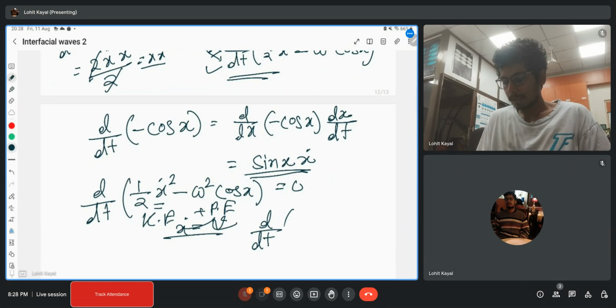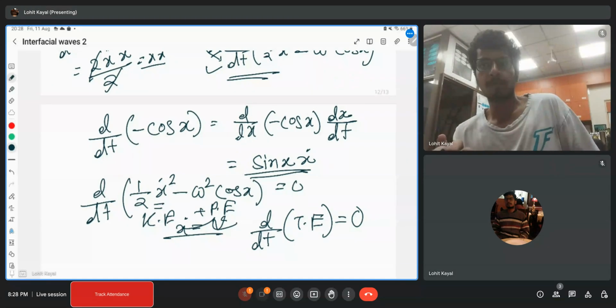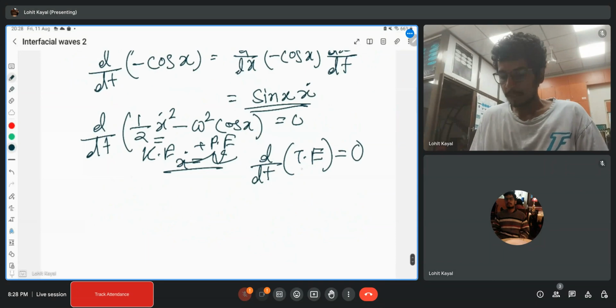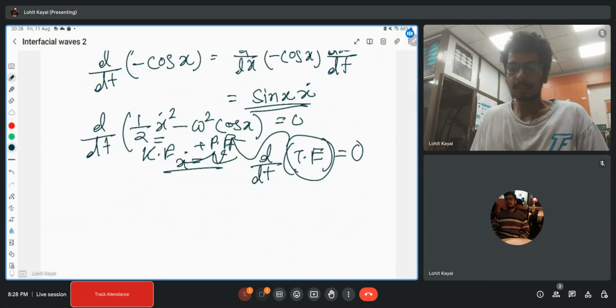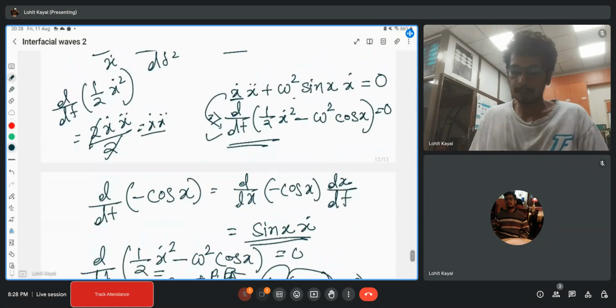So d dt of it, and we know that from the conservation of energy, if there is no viscosity in the system, okay, the rate of change of total energy is 0. So we can define a total energy for this system. For our pendulum, we can define a total energy like this, and we can draw.